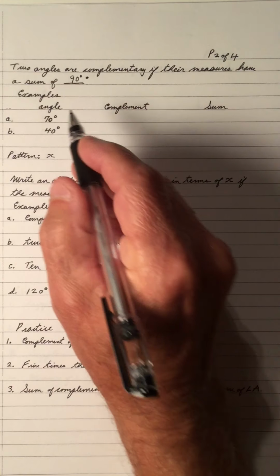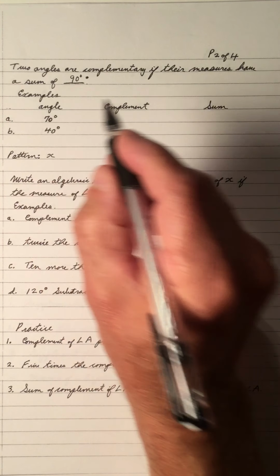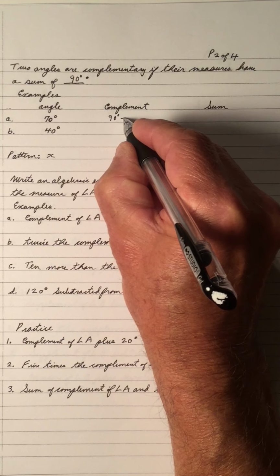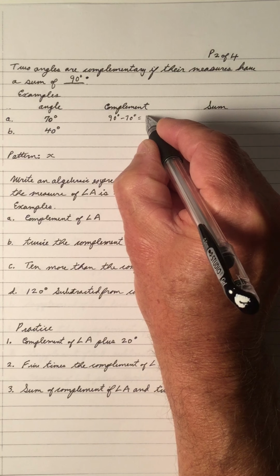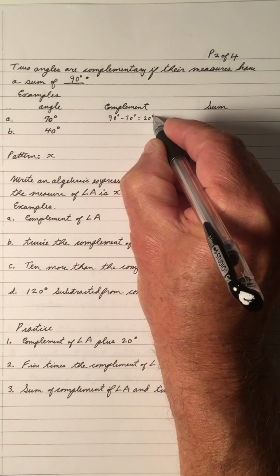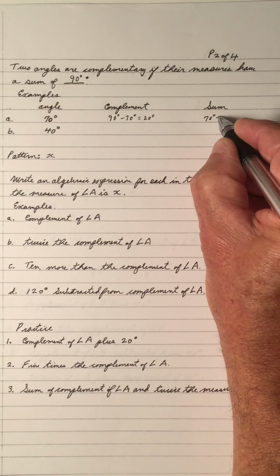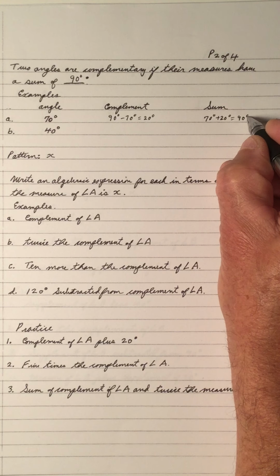Some examples. If you have an angle that has a measure of 70, then its complement is 90 minus 70, and that leaves us with 20 degrees. So the sum is 70 plus 20, which adds up to 90.